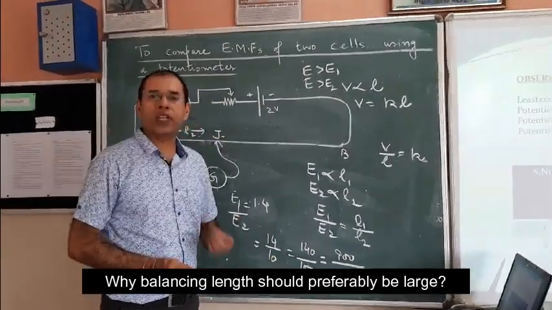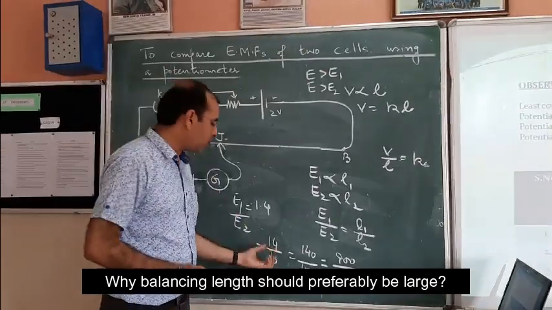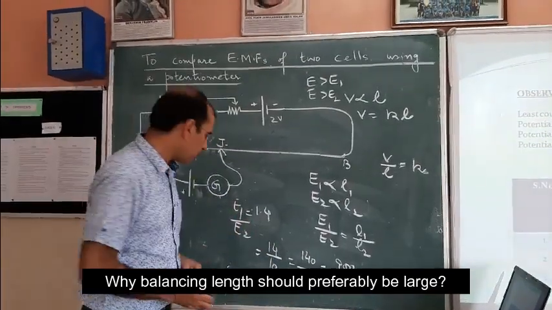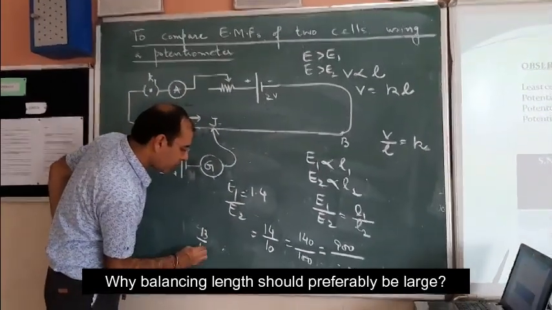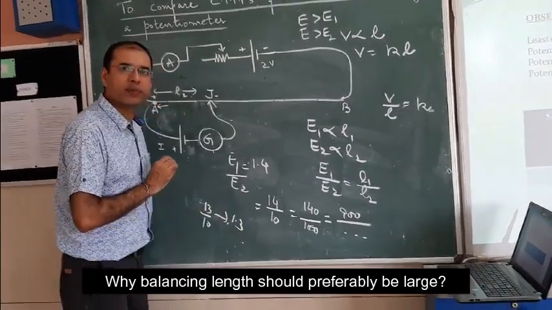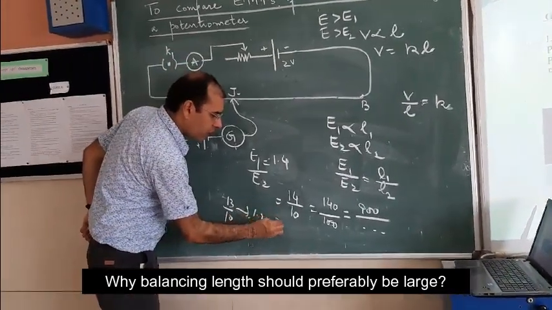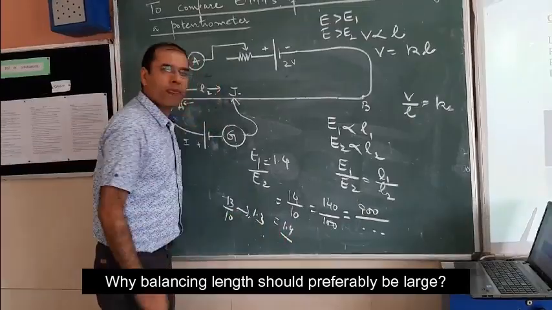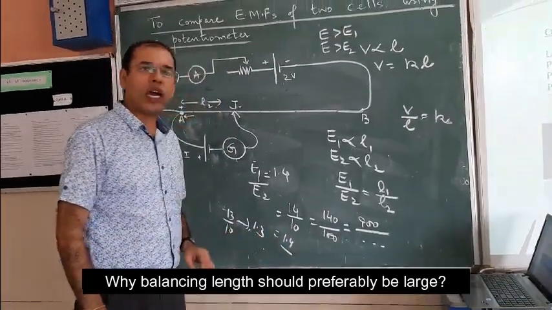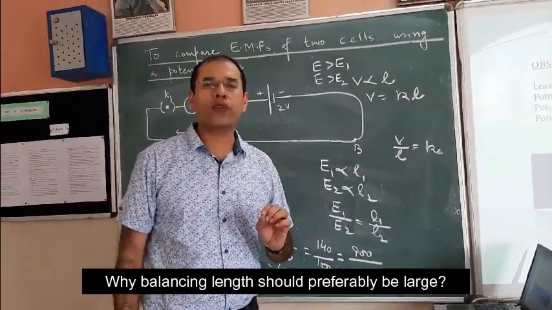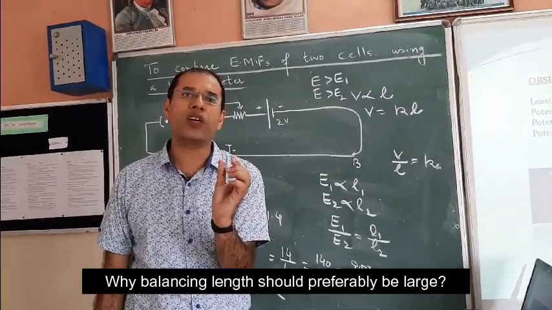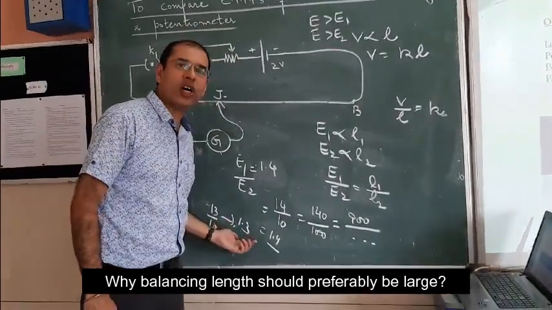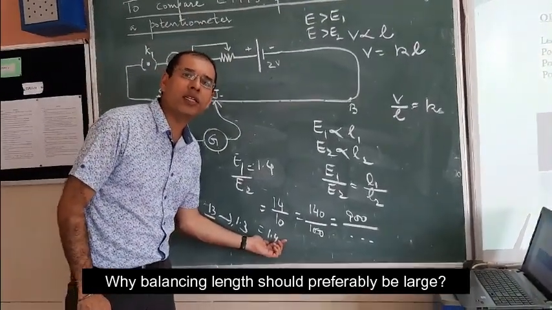upon 10. There is an error of 1 centimeter in measuring 14 and let it be 13. So 13 upon 10 will give you an answer of 1.3, whereas 14 upon 10 will give you an answer of 1.4. So a minor error of 1 centimeter will change your answer remarkably.